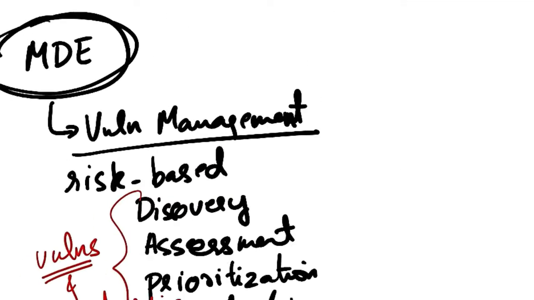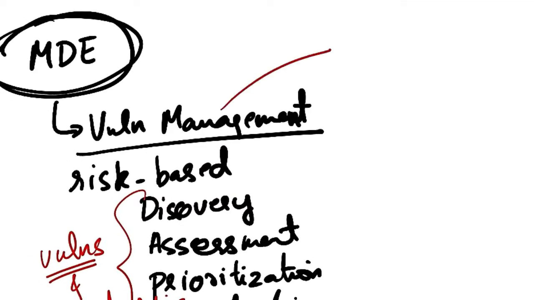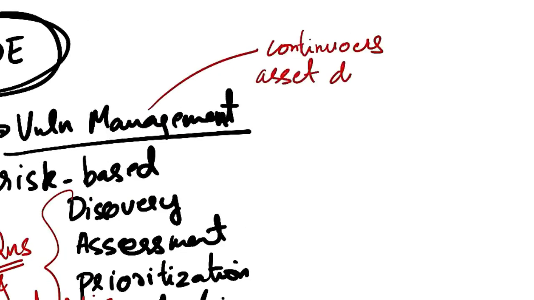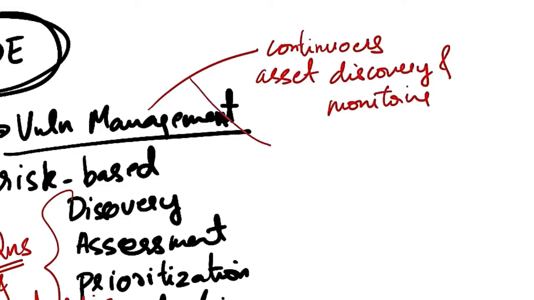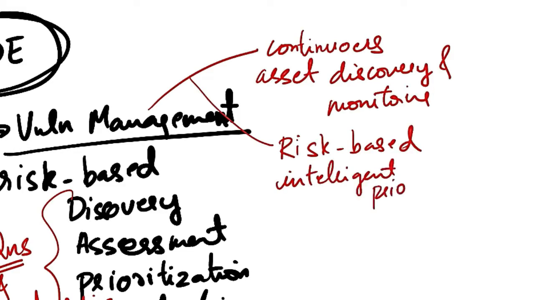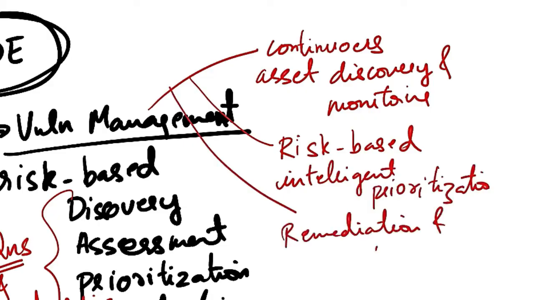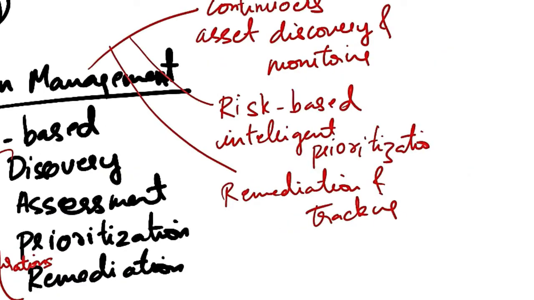So, vulnerability management reduces cybersecurity risk with continuous asset discovery and monitoring, and then risk-based, intelligent prioritization and remediation and tracking.